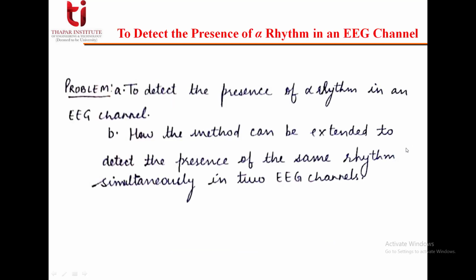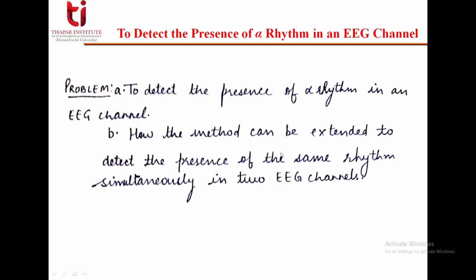Our problem is to detect the presence of alpha rhythm in an EEG channel. We will also see how we can extend this method to detect the presence of the same rhythm simultaneously in two EEG channels.